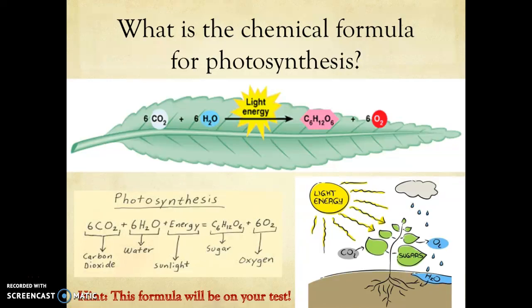Now, over the arrow is like an equal sign, okay? And anything that is above that arrow is something that is directly used to make that reaction happen. So in this case, the light energy is being used to take that carbon dioxide and that water and turn it into glucose.